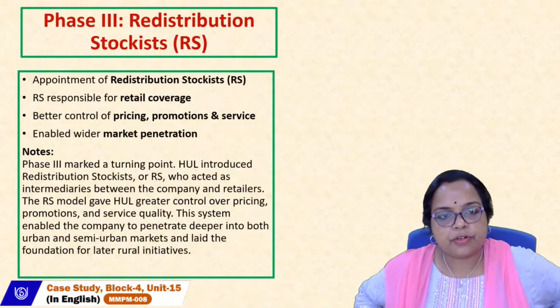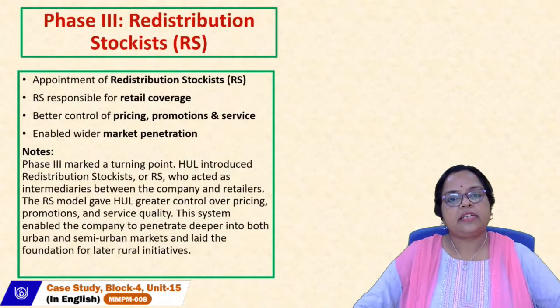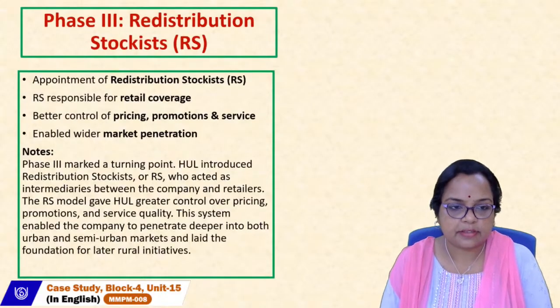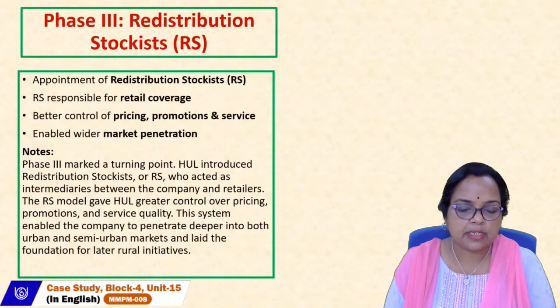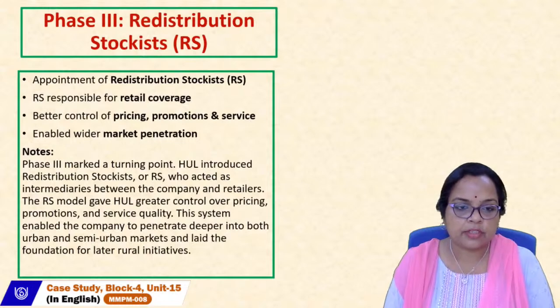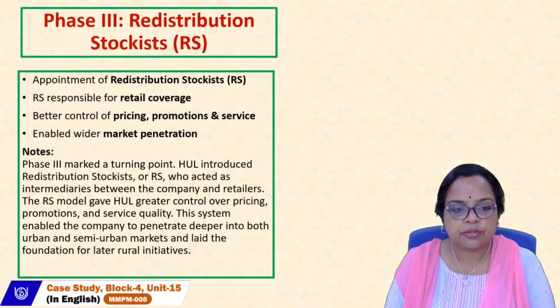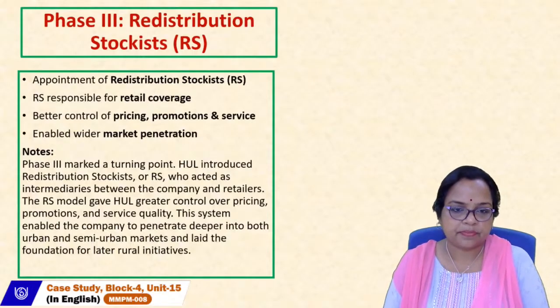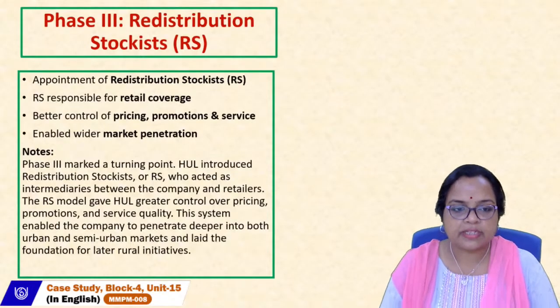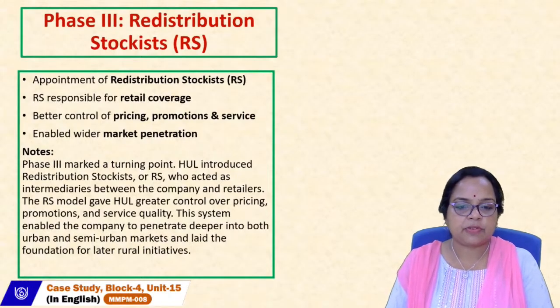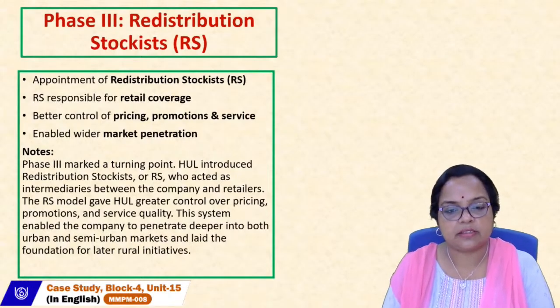Then comes phase 3, redistribution stockists, or RSs. Phase 3 of HUL's distribution channel was a turning point. Why? HUL introduced redistribution stockists, who acted as intermediaries between the company and the retailers.